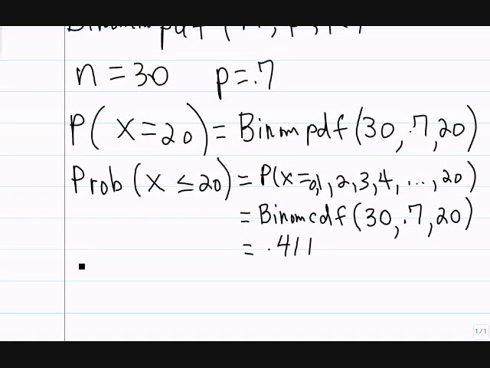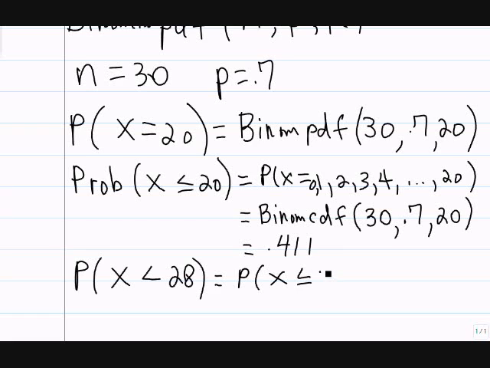Let's find the probability that X is less than 28. Binomial CDF only does less than or equal to, so that's the same thing as the probability that X is less than or equal to 27.